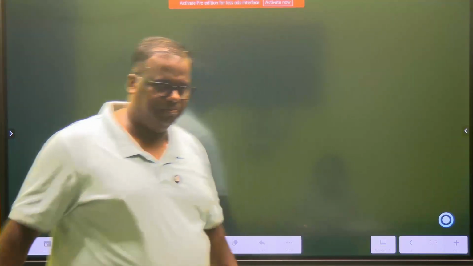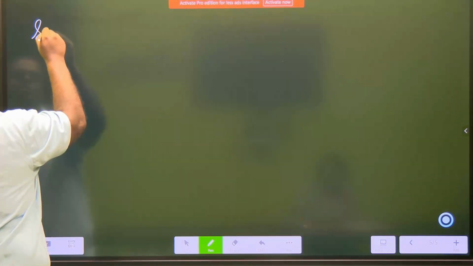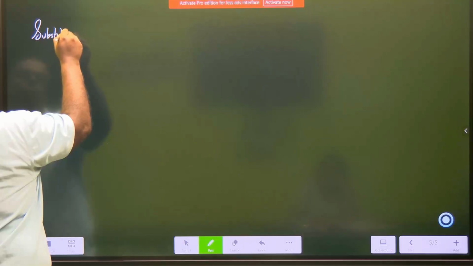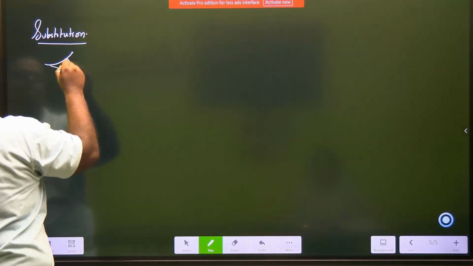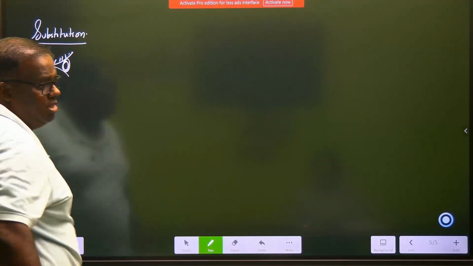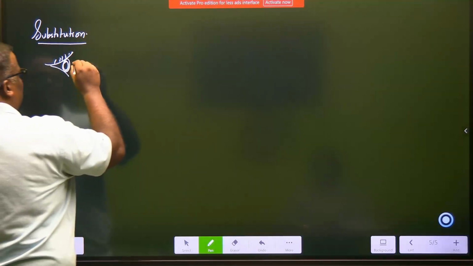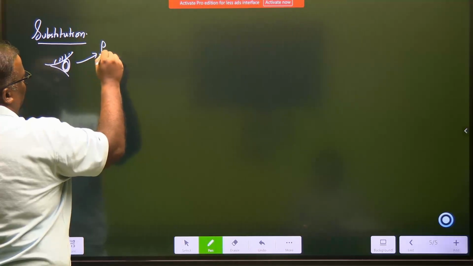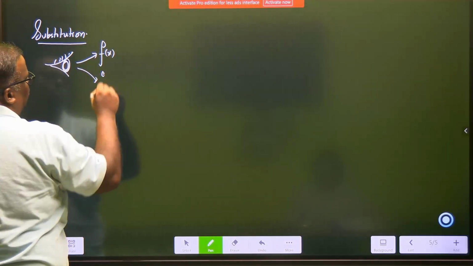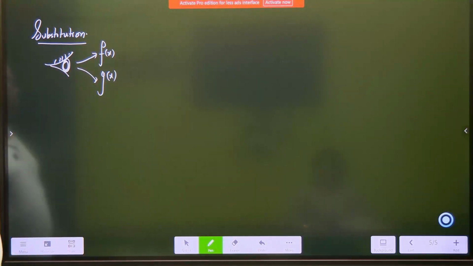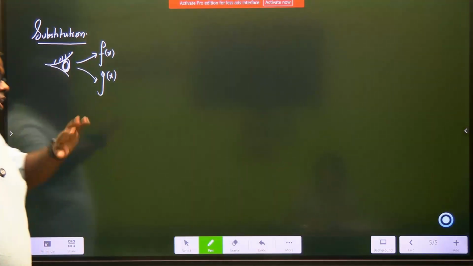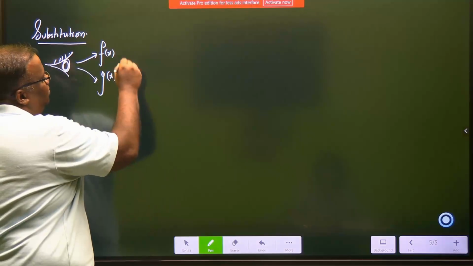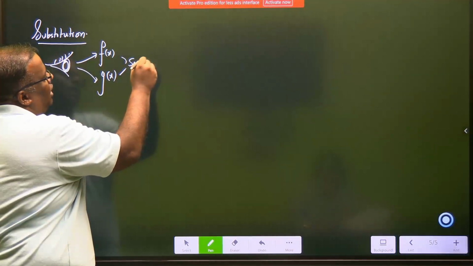There's no other escape. So I say it like this: in integration by substitution, this is your I. Your I must be looking for two sets of functions. They may be in multiply, divide, I don't know. There will be two functions. Maybe both the functions are algebraic, both the functions are trigonometric. It will be the same type of functions, in which there will be a son and dad relationship.